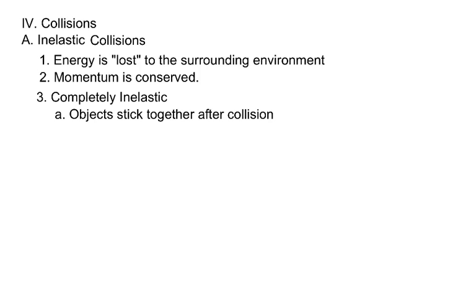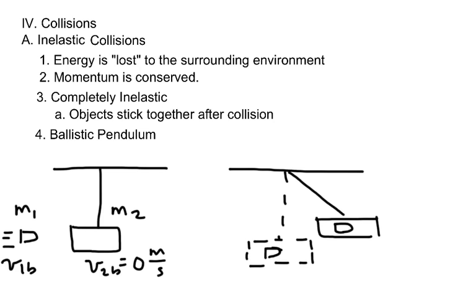Alrighty, now I would like to talk with you about a special example of a completely inelastic collision. This is the traditional physics example of the ballistic pendulum. Now, with the ballistic pendulum, you have some sort of mass hanging from a fixed position, and you have a projectile, such as a bullet, heading towards the hanging mass.